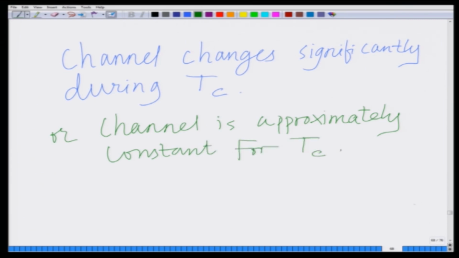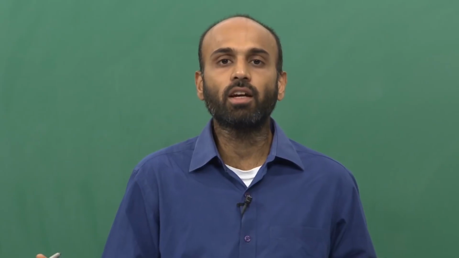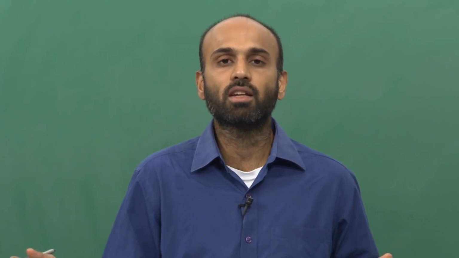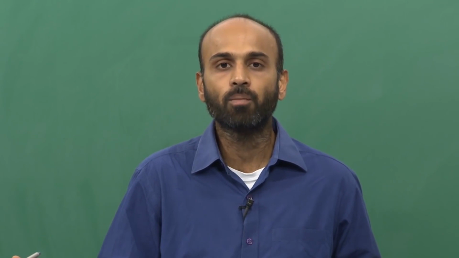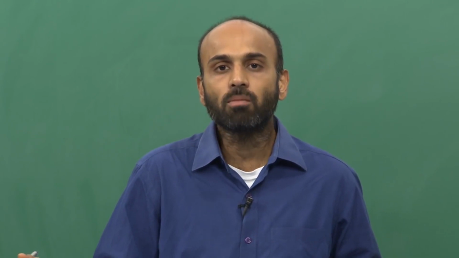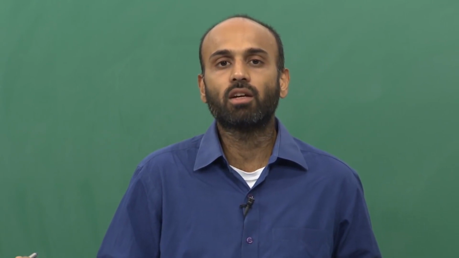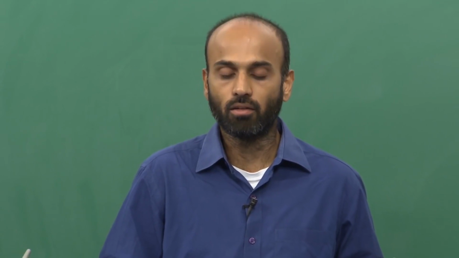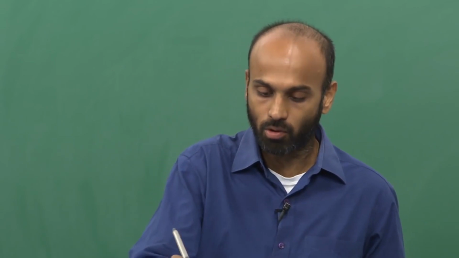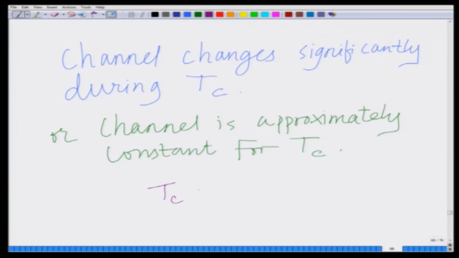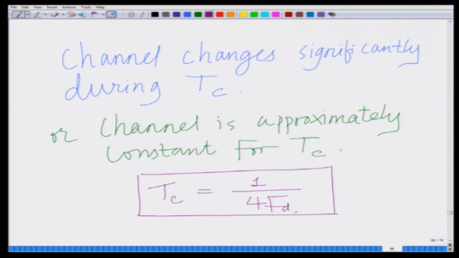So we can say that the channel is changing significantly during one coherence time interval, that is T c equal to 1 by 4 f d, or the channel is approximately constant for one coherence time interval, that is T c equals 1 by 4 f d. Okay. So, let us remember, and this is an important principle to remember, that the coherence time T c equals 1 by 4 f d. This is the coherence time T c.